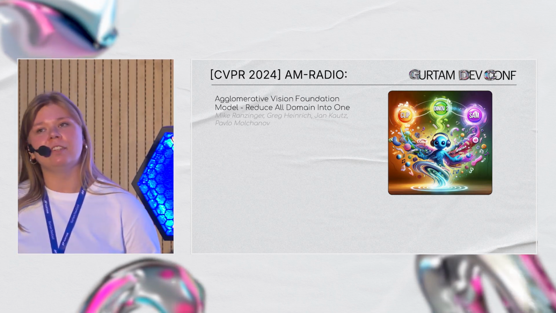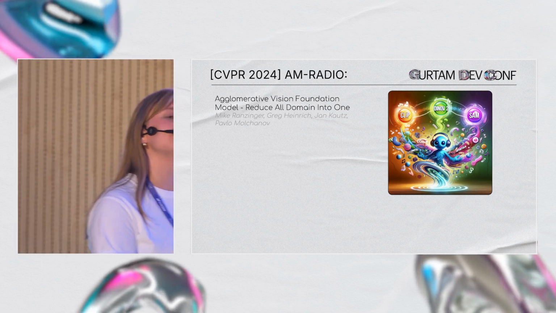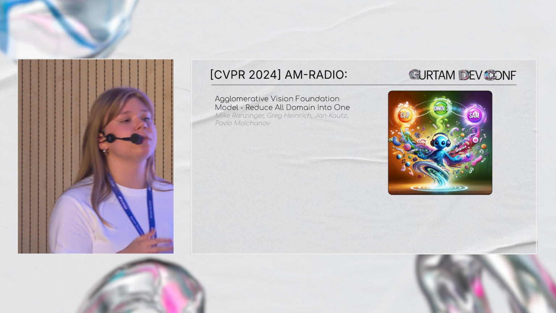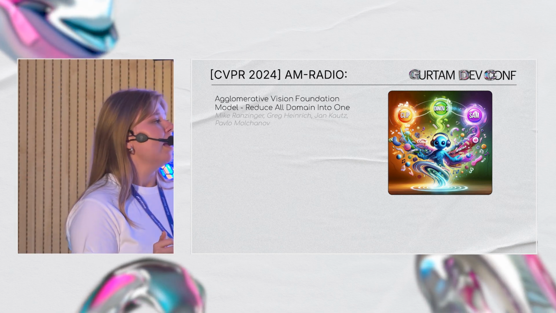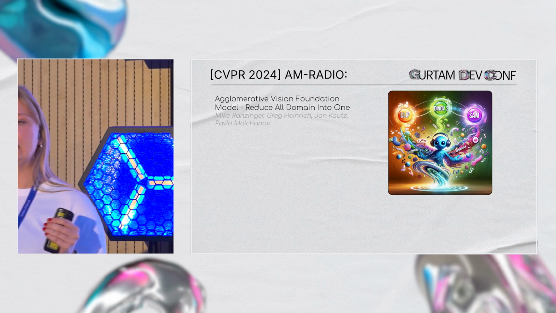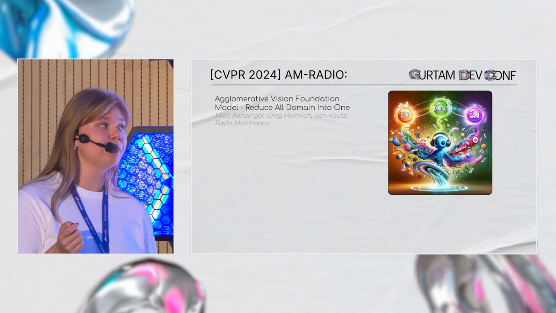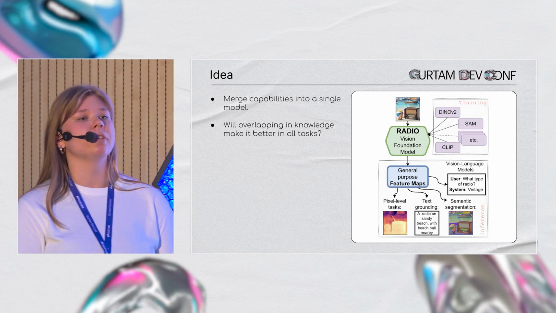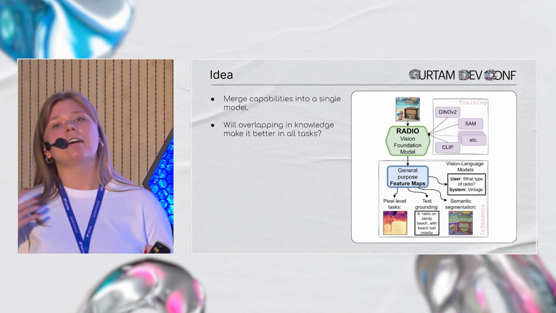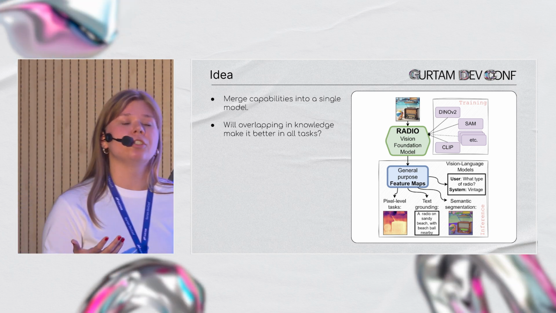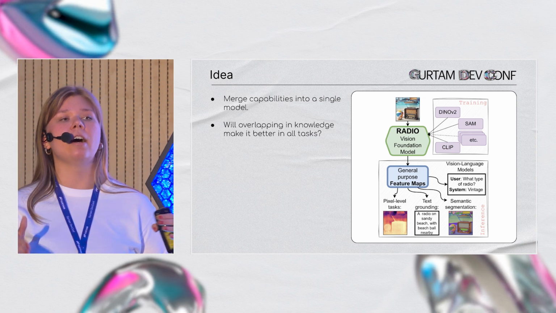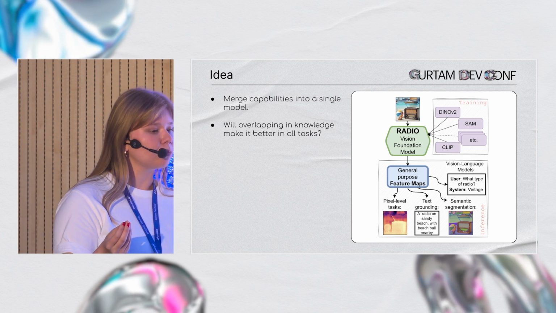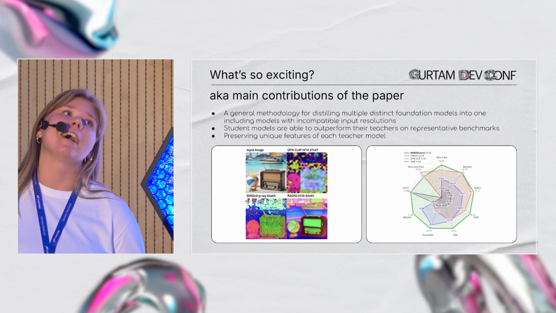And guys from NVIDIA got so inspired by all of these foundational models that they decided to try to merge capabilities of Dino, Segment Anything, and CLIP into one single model using knowledge distillation. So the main idea was to merge capabilities of large models into a single one and check whether the overlapping in knowledge that these models probably have will help the single distilled model in achieving better results. And they succeeded, actually.